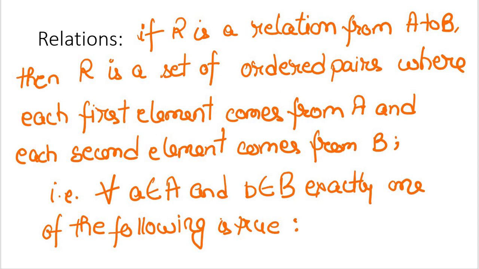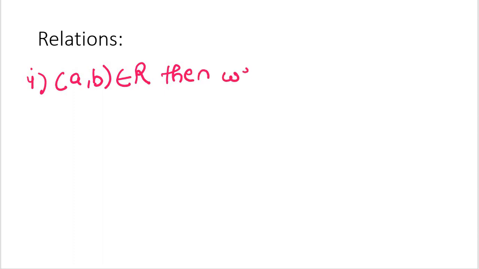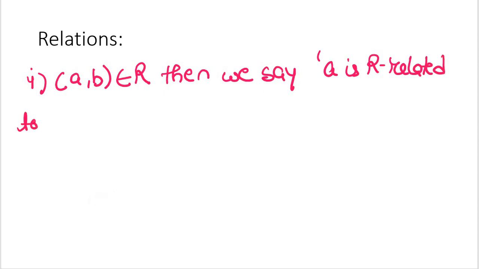And what is it? One is your (a, b) exists in R, then we say that a is R related to B, which is a R b.